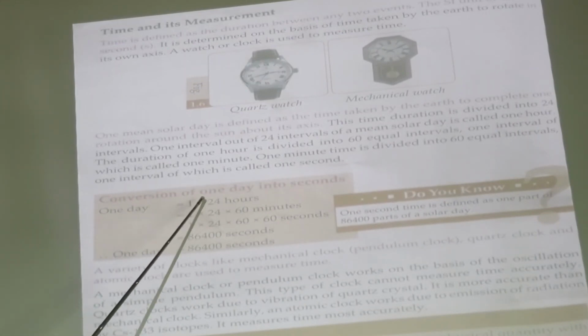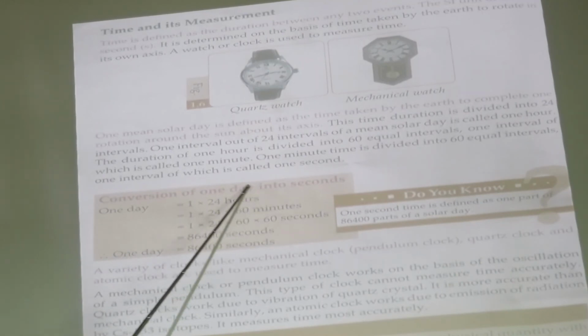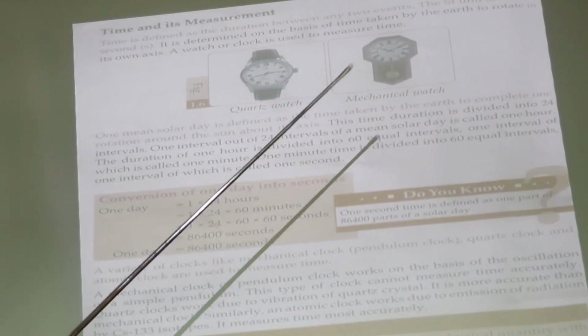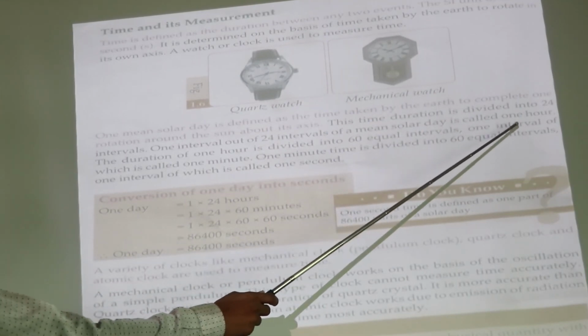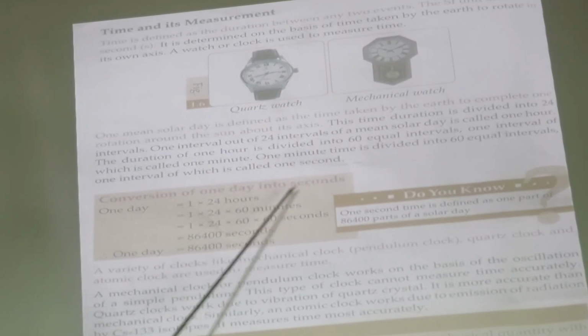For the hour, 1 interval out of 24 intervals of a mean solar day is called 1 hour.